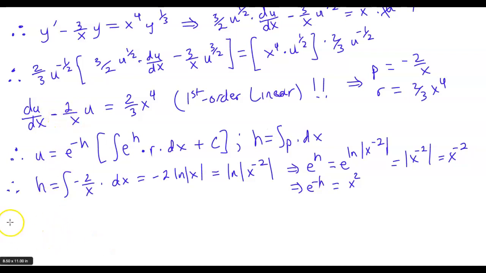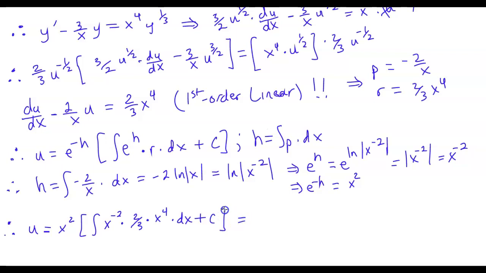All right, so now we just find out what u is. So we have u equals x squared times the integral of x raised to the negative 2 times r, which is 2/3 x raised to the 4, times dx plus c. And this is essentially just x squared times 2/3 the integral of x squared dx plus c.